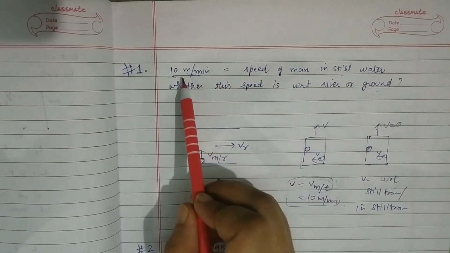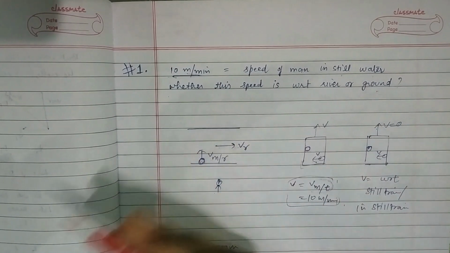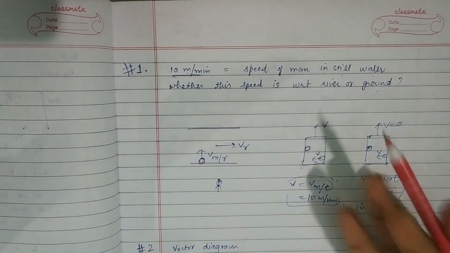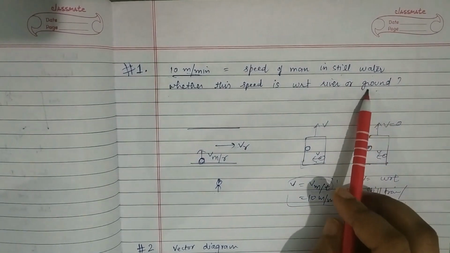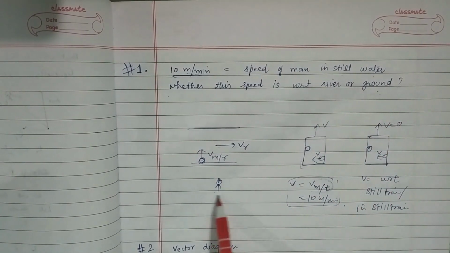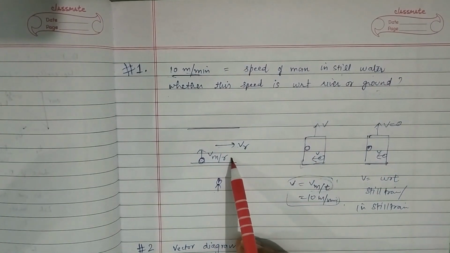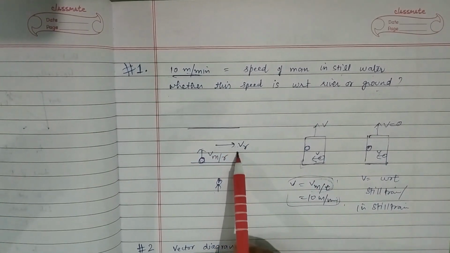Now here 10 meter per minute is the speed of man in still water. Let's try to understand whether this speed is with respect to ground or whether it's with respect to river. First we will understand whether it's with respect to ground or not. Let's say we have a man who is standing on the ground and he is observing the problem from ground. According to the man, the river is flowing with the speed of VR.